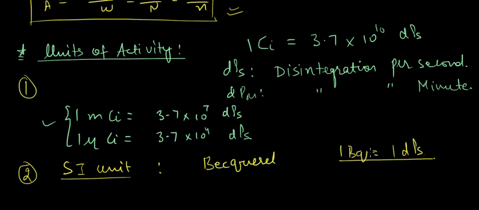So 1 Ci would be equal to 3.7 times 10 to the power 10 Bq. Just substitute the value here. By the way, Ci is the short form for the unit Curie.